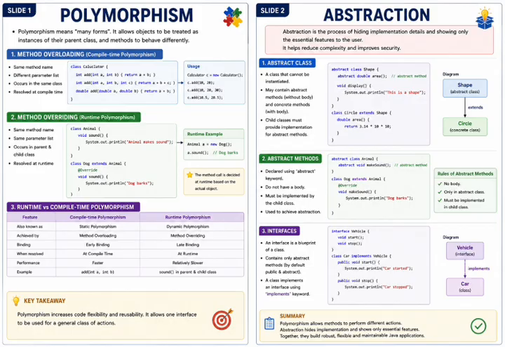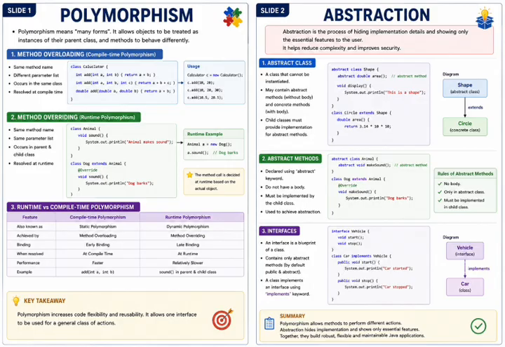Interfaces support multiple inheritance in Java and allow unrelated classes to share common behavior. For example, a vehicle interface can be implemented by car, bike, and bus classes, each providing its own implementation of the same method.